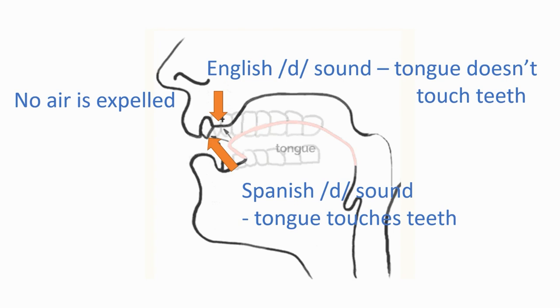Make a note of where you place your tongue in relation to your teeth when pronouncing a D word in Spanish. And if it touches your teeth, then move it back as you see in the diagram and make sure it only touches the roof of your mouth. So you should be making a D sound.